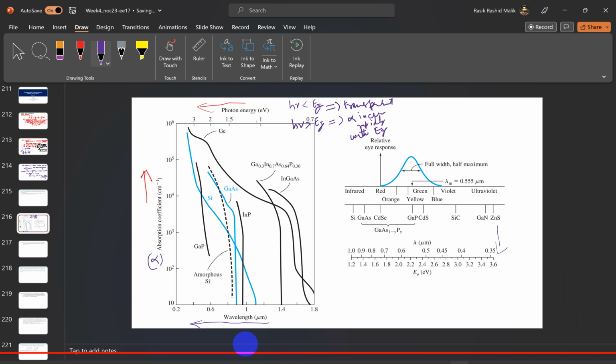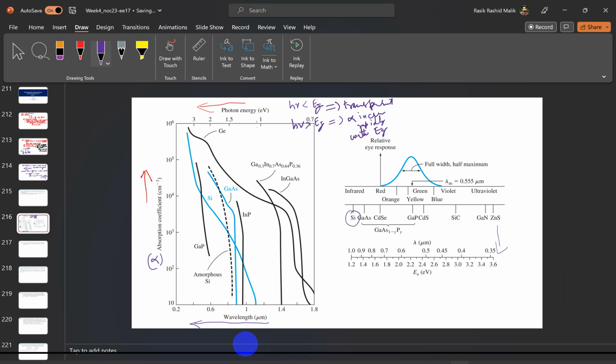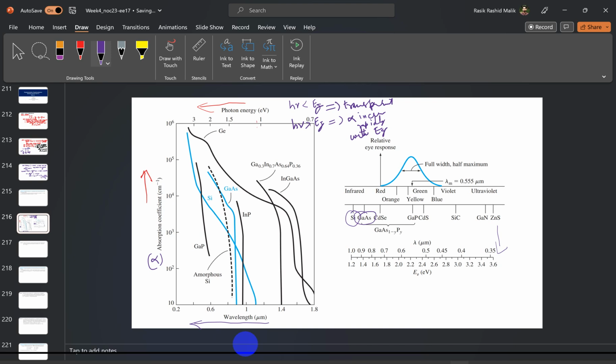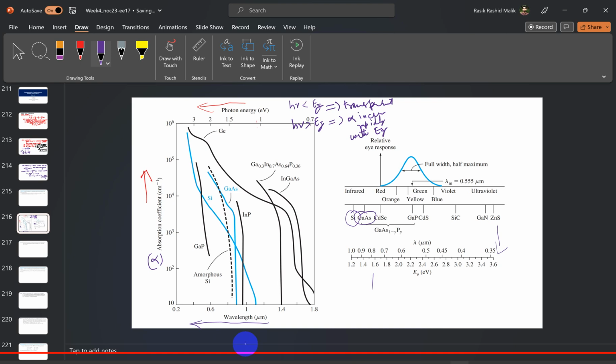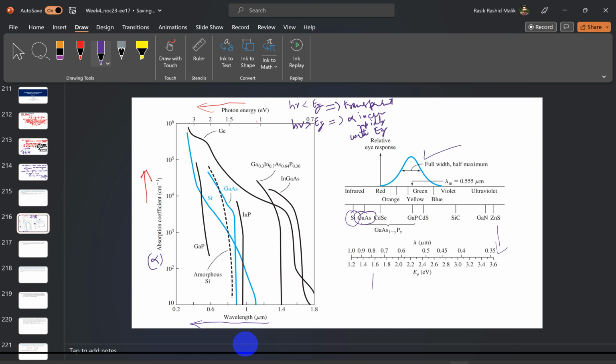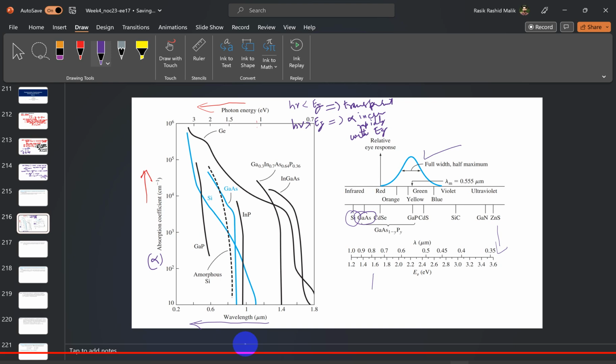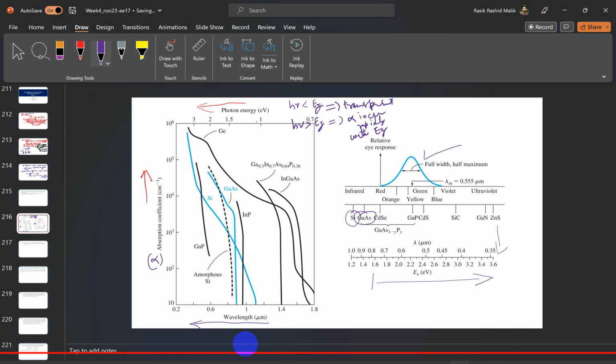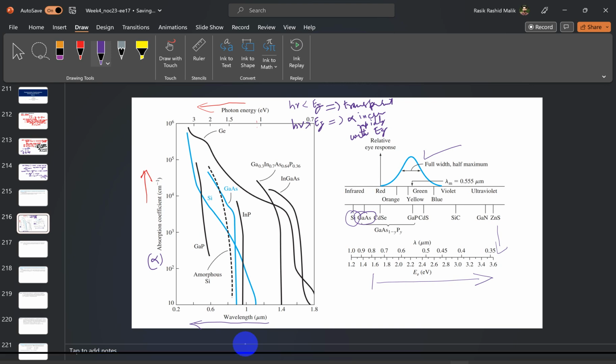Note that silicon and gallium arsenide will absorb the whole visible spectrum, the normal optical range of our eye's response, from red to violet, because the band gap is lower than those photon energies.